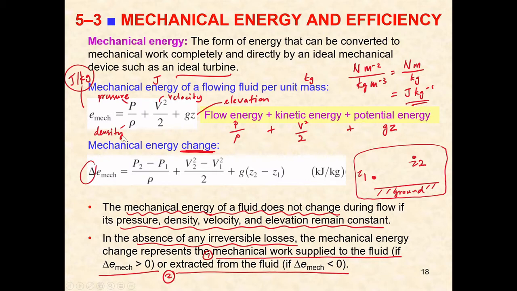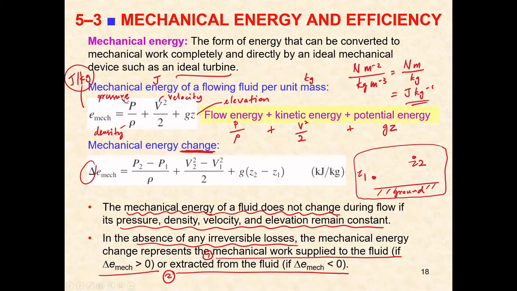Okay, so the flow energy is given by the pressure, the kinetic energy is given by the velocity, and the potential energy is given by the elevation of the fluid, right? So if you try to check the unit, P divided by rho: P is the pressure, rho is the density, V is the velocity, g is the gravity, and Z is the elevation.